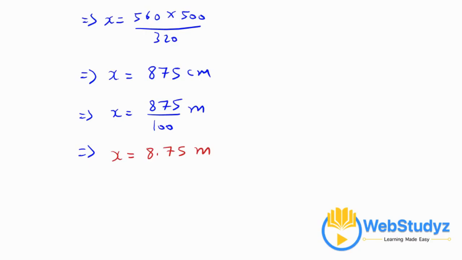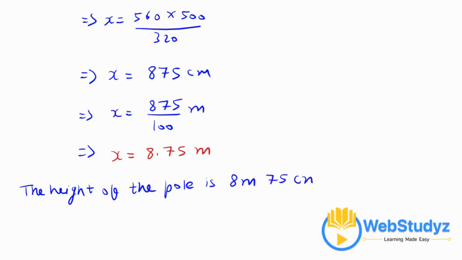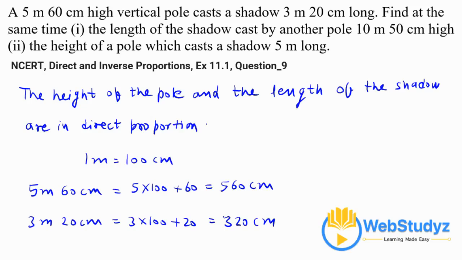That means we can write that the height of the pole is 8 meter 75 centimeter. So we have calculated the length of shadow cast by another pole, and we have calculated the height of the pole when shadow is of 5 meter long.